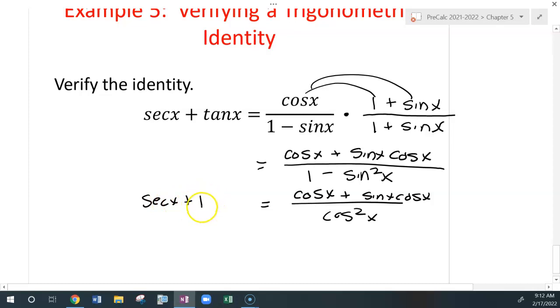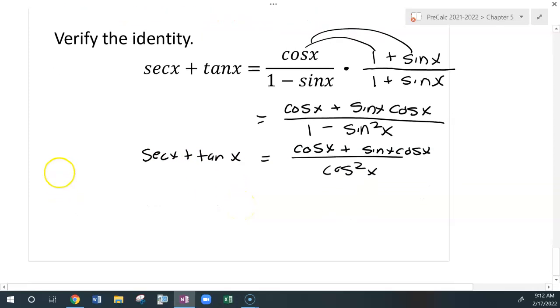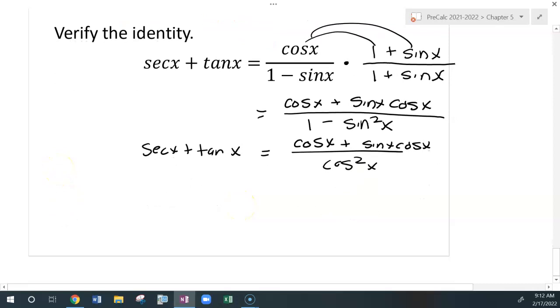Keep the left side the same, so no changes there. So now check this out. I have cosine x over cosine squared x plus sine x cosine x over cosine squared x.